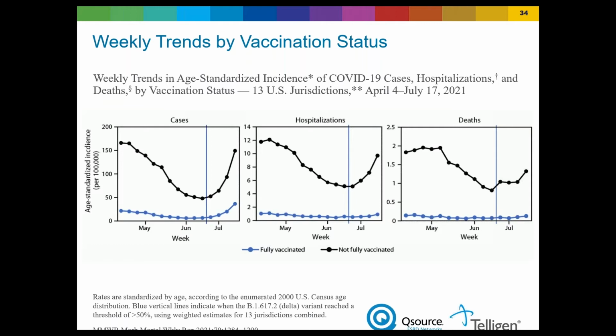And the case trends were varying quite a bit in those who are unvaccinated or not fully vaccinated compared to those who are fully vaccinated, who seem to have been well protected. Next slide.